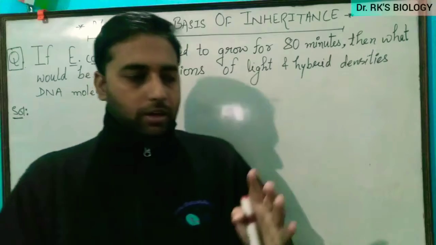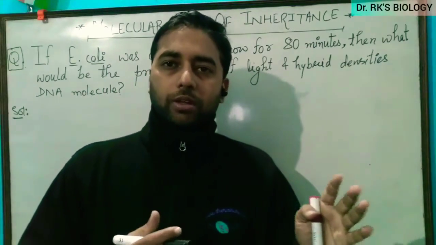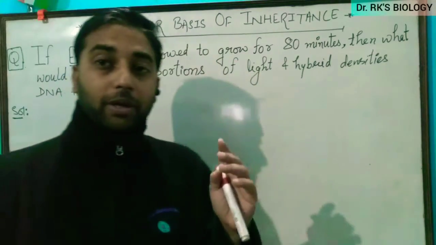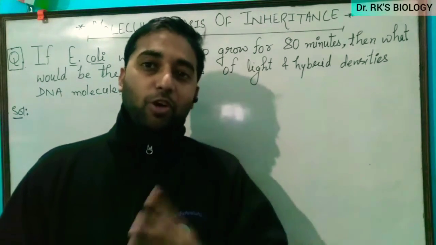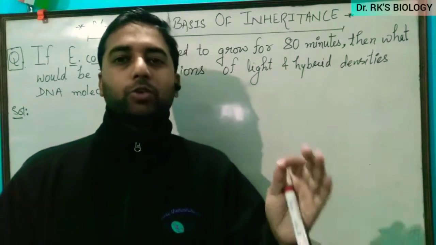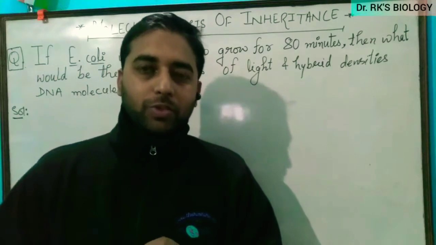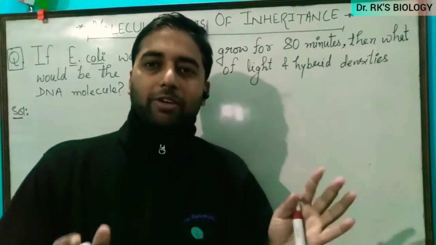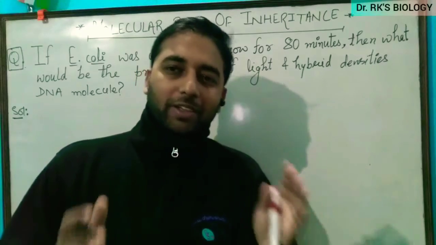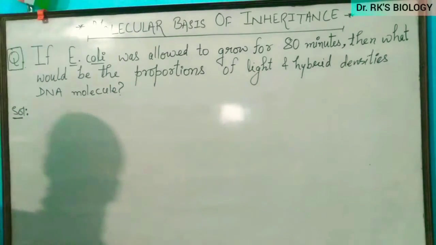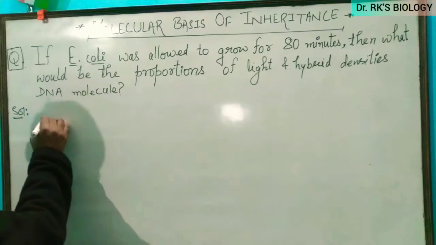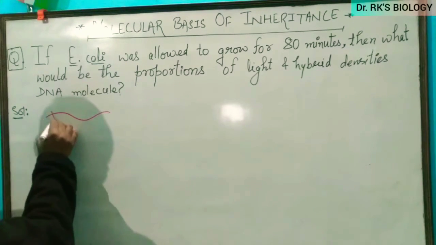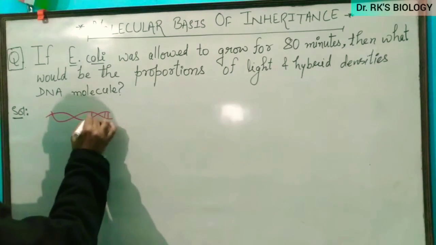Earlier I uploaded a video on this question, but by mistake I wrote the fraction of the hybrid to the whole one. So today I am going to clarify that. Okay, let's start. I use the red one for the heavy molecule of DNA.